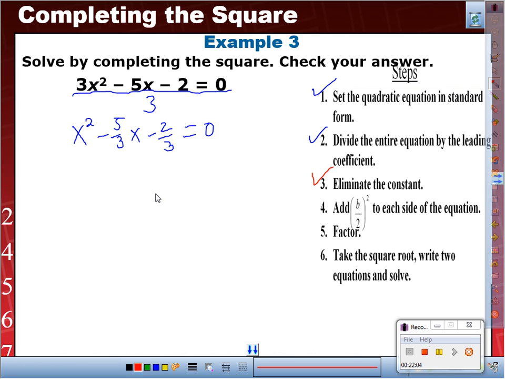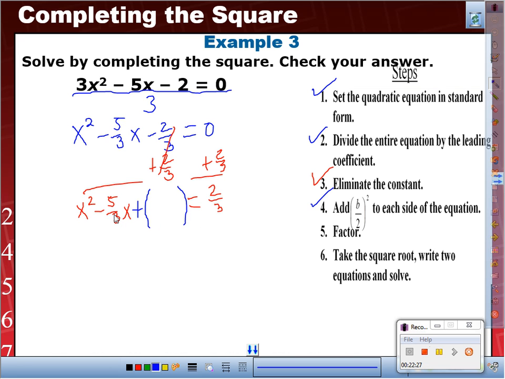Eliminate the constant. What do I do? Plus 2/3, plus 2/3. This cancels. We're left with x squared minus 5 over 3x equals 2/3. We need to complete the square. What do we do? Add b over 2 squared. So watch. You're saying, how do we write that, Mr. Q? If it's a fraction, we can't write it over a fraction. Negative 5 over 3 divided by 2. Everybody see what I did?